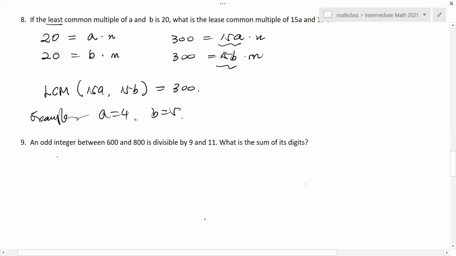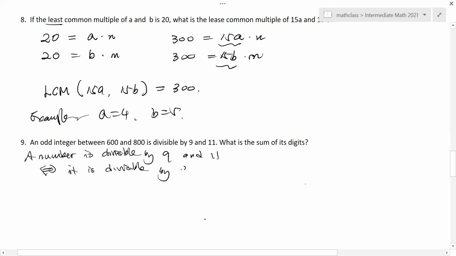So we are looking for a number divisible by 9 and 11, and that happens if and only if it is divisible by 99. 9 times 11 equals 99, and you multiply because there's no common factor there. So you just take the product.